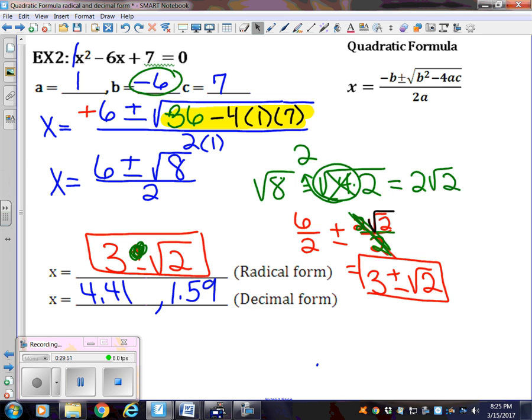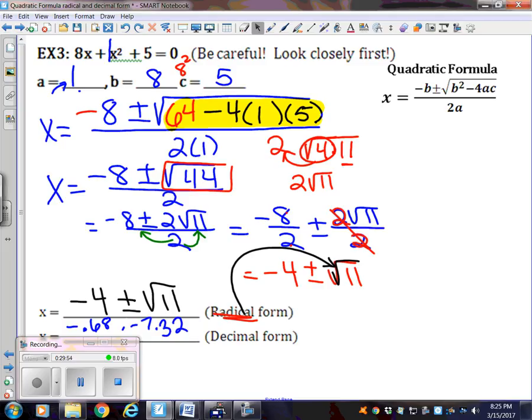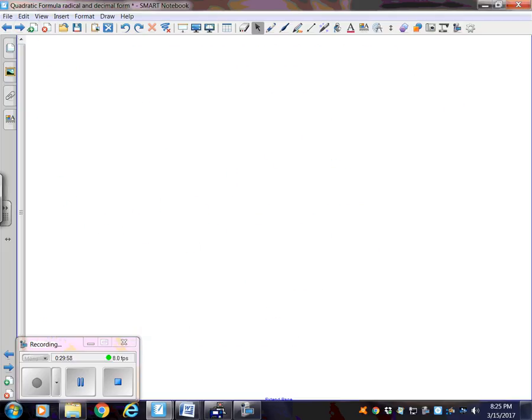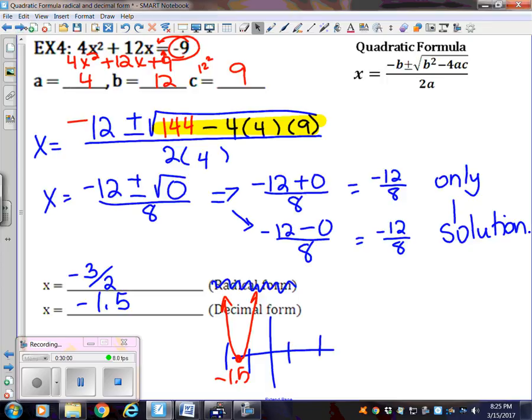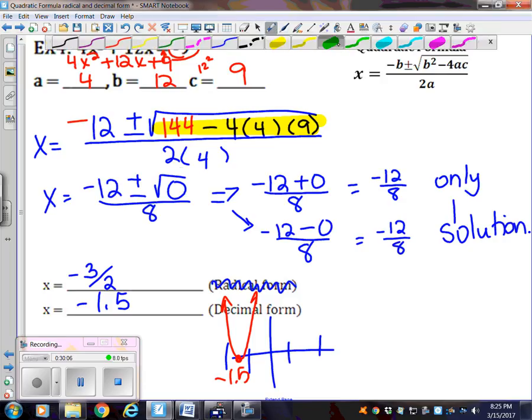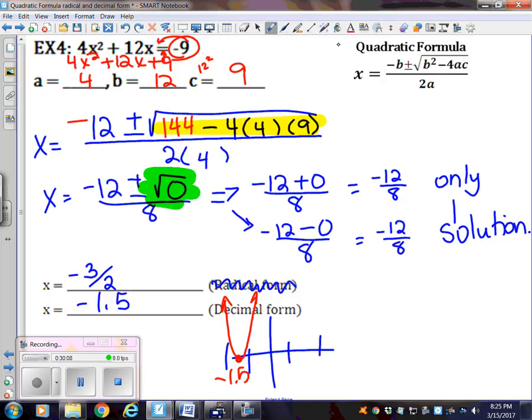But I do have a reason to use the quadratic formula in 2, and I saw value in it with 3. Again, crazy decimal answers. Example 4 is what I had when I only had one solution, and that's when I ended up with the square root of 0. As soon as I saw square root of 0, I knew I was basically adding nothing and subtracting nothing from the top. So that gave me one solution.